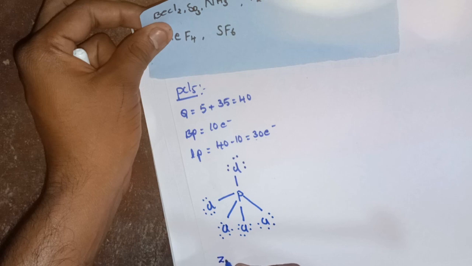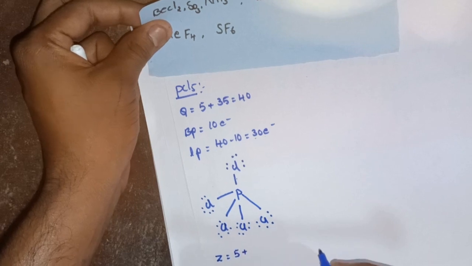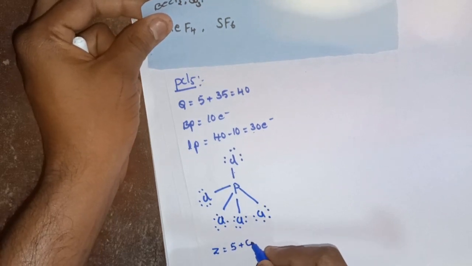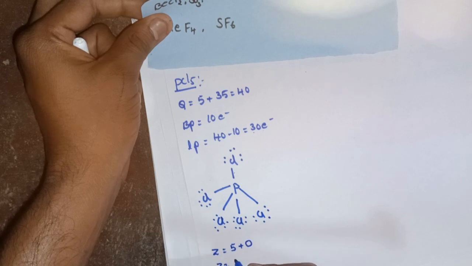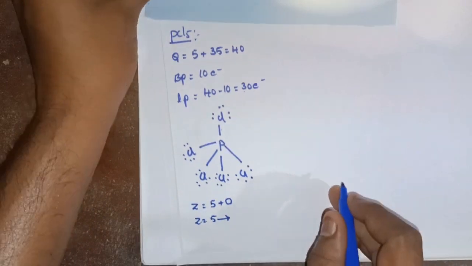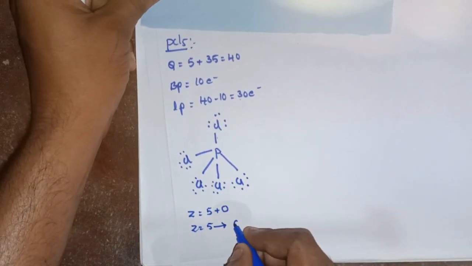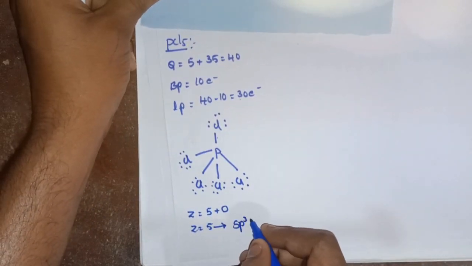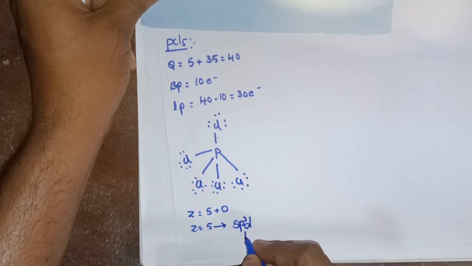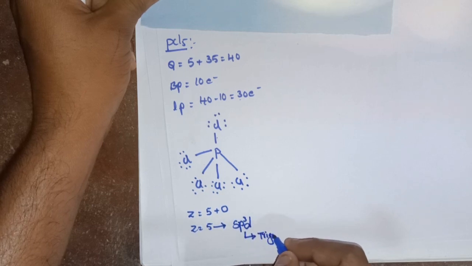That is, Z is equal to the number of sigma bonds, 1, 2, 3, 4, 5, that is 5, plus the number of lone pairs on the central atom, 0. That is Z is equal to 5. So the hybridization will be sp3d. Its geometry is trigonal bipyramidal.